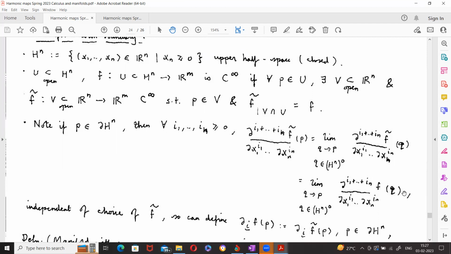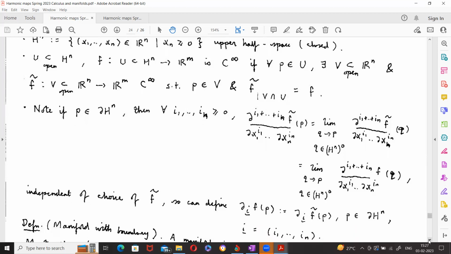So this limit exists for any point on the boundary of the upper half space, and so we can define any partial derivative of F at any point on the boundary to be the corresponding partial derivative of the extension F tilde. This is independent of the choice of F tilde because it is just a limit of the partial derivative of F approached from points in the interior of the upper half space.